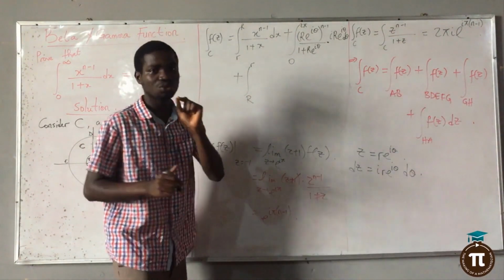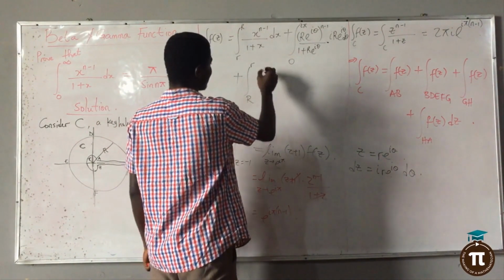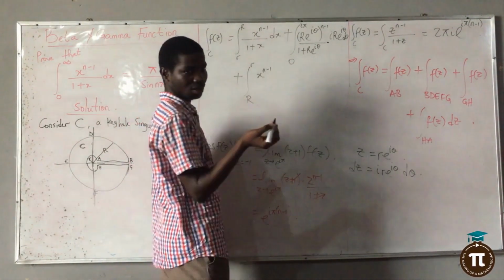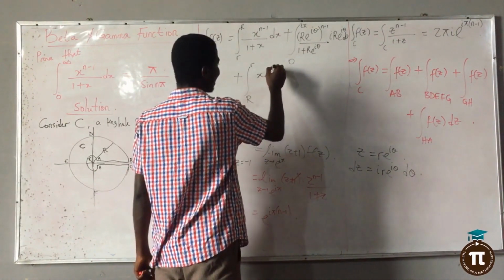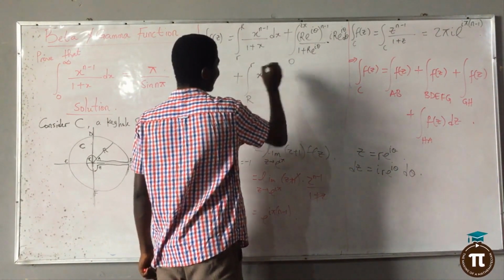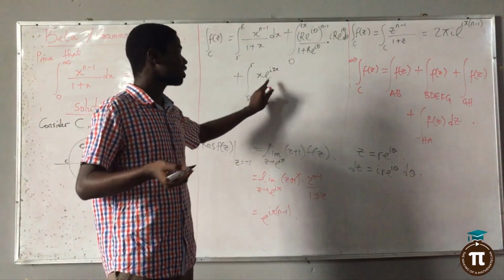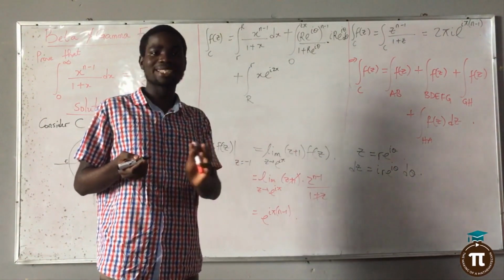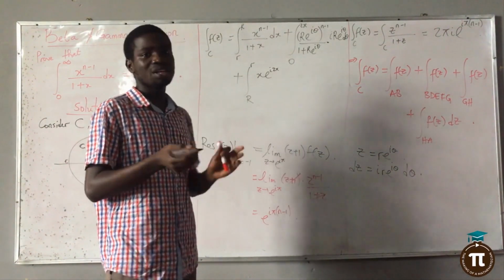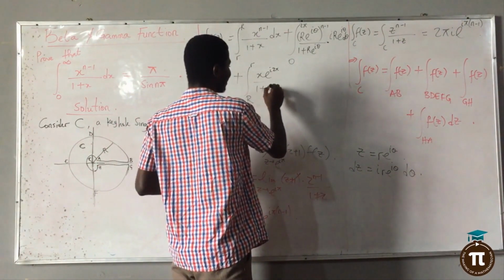So this is what I'm going to write: s raised to the power of n minus 1, obviously, but I will multiply by e raised to the power i 2 pi. e raised to the power i 2 pi is 1. If you compute e raised to the power i 2 pi from the elementary, that's cos 2 pi plus i sine 2 pi, the answer will give you 1. So it does not really change anything.